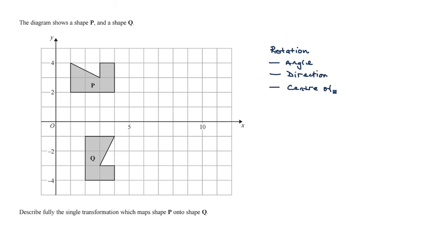Now the centre of rotation in basic rotations will be the origin, so it's wise to check whether or not it's the origin first. But before we do that, let's have a look at the angle. So the angle we can see is, if we spun that shape, going to be 90 degrees. So it's going to be 90 degrees clockwise.